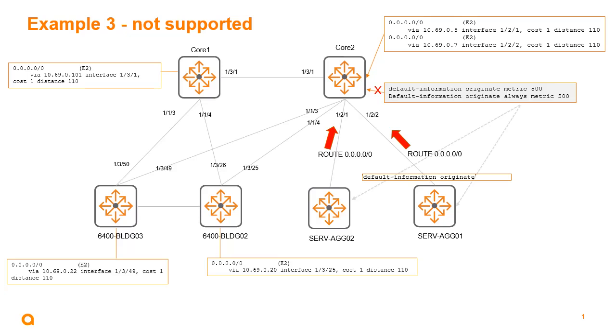They've obviously got a default information originate command in there already. We could add to it and change the metric on AGO2 and AGO1. But we cannot do it on core 2 because it's already received the routes from elsewhere. So the default information originate command will not work. This is normal and expected behavior, and that's how it should be.